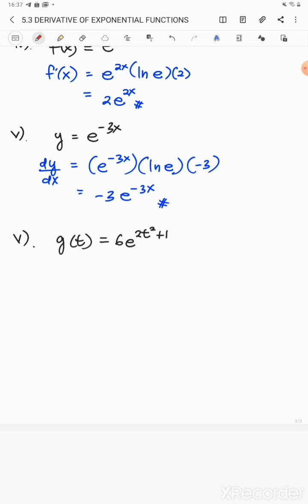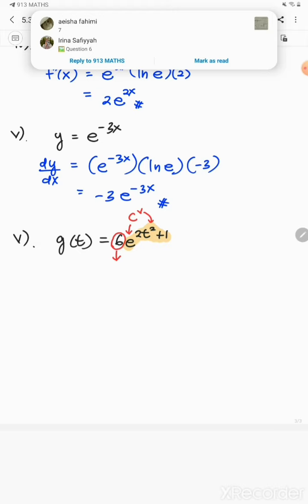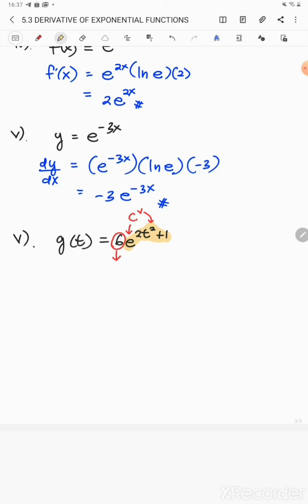Can you identify which one is c power of v? Our c is e, and v is 2t square plus 1. What is 6? You just let it be and put it down. The one that we use the formula on is only this part, e power of 2t square plus 1. Don't get confused, because c must contain only one term. For this question c is only e.